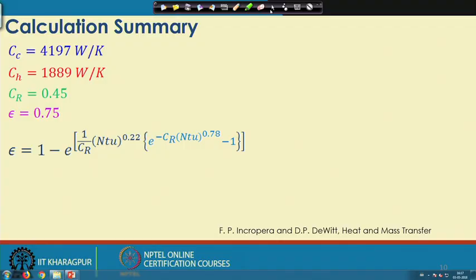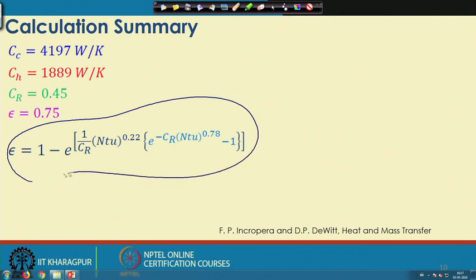Now, when both the fluids remain unmixed in a cross flow heat exchanger, the effectiveness NTU relation looks like this. The epsilon varies with NTU to the power 0.22, and again inside this one, NTU to the power 0.78. So, this equation cannot be rearranged to calculate the NTU from the epsilon value.